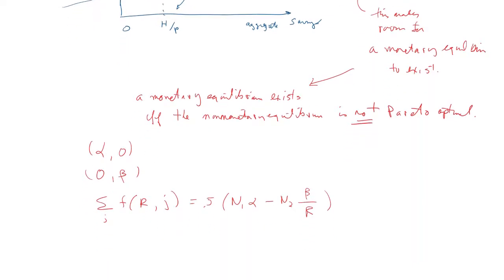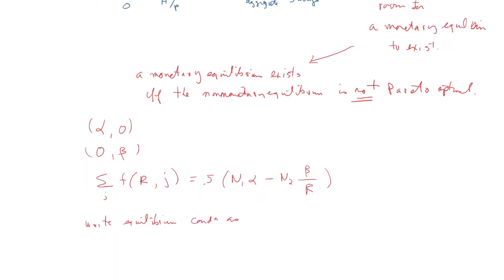And I'm going to use this to write the equilibrium condition like this. I'm going to write this in a way that 20th century monetary economists would like, because it gives them an insight. Write the equilibrium condition as, just by rearranging, plus equals.